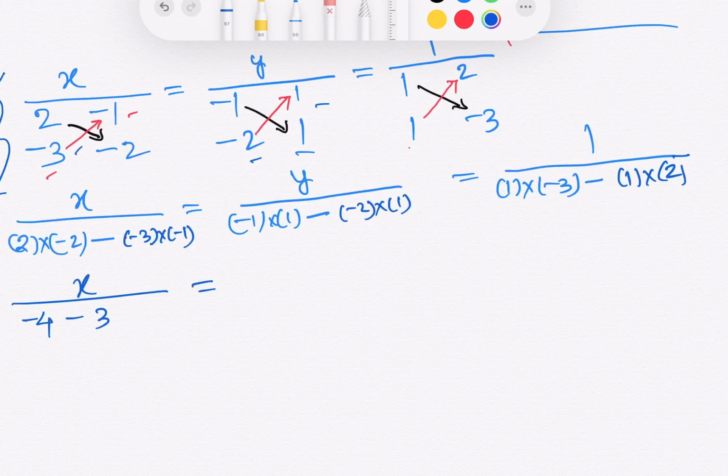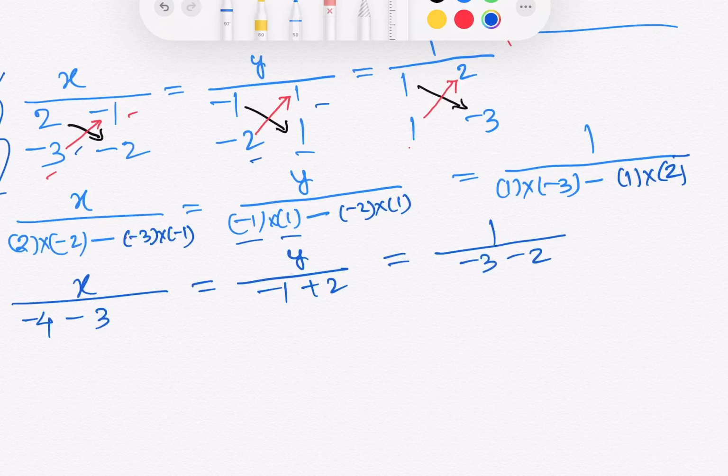And now y divided by minus 1 into 1 also minus 1, minus 2 into 1, minus 2 also plus 2 is equals to 1 divided by minus 1 into minus 3 into 1, which is minus 3, now 2 into 1 minus 2.